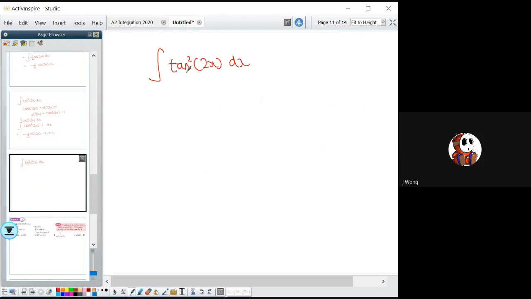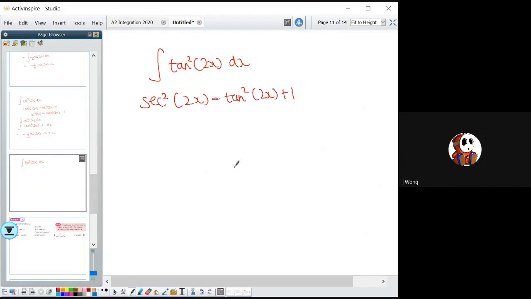So that's why we're going to use an identity to change it first. As for tangent, there are only two identities. The first one will be sine squared over cos squared. The other one will be sec squared equals tan squared plus 1.